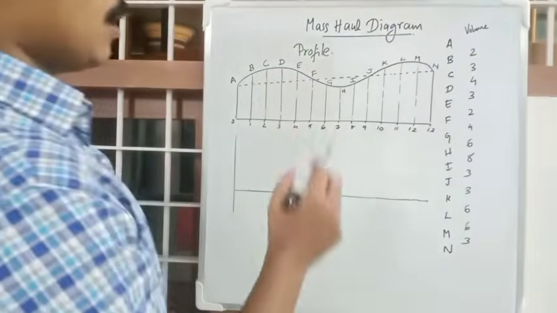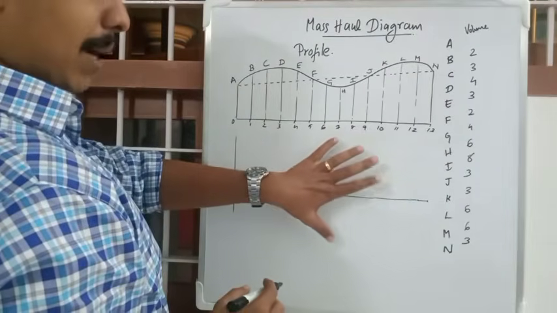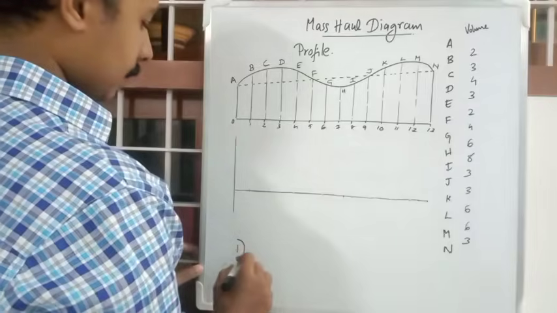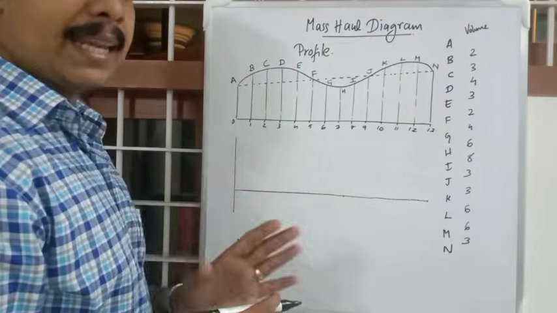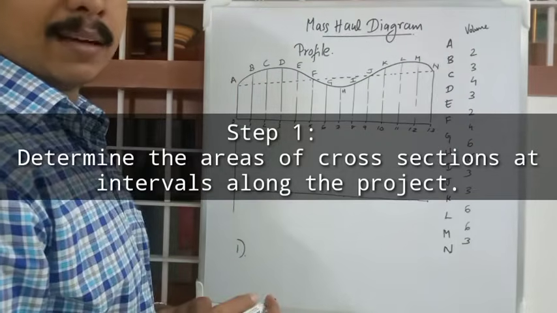So first, we are going to construct a mass haul curve diagram here. The first step is to calculate the areas of cross sections in the profile.